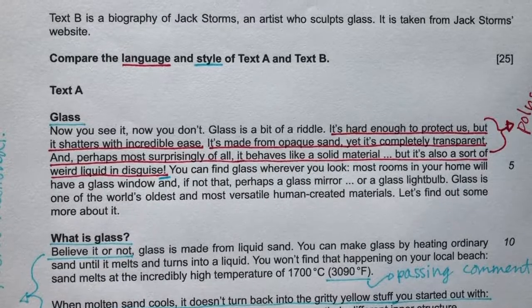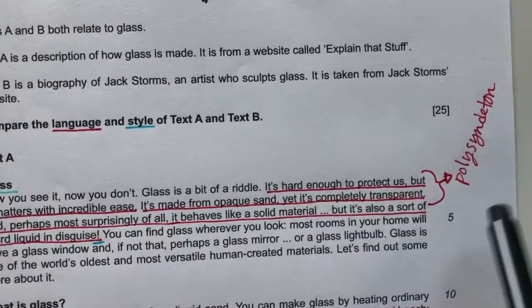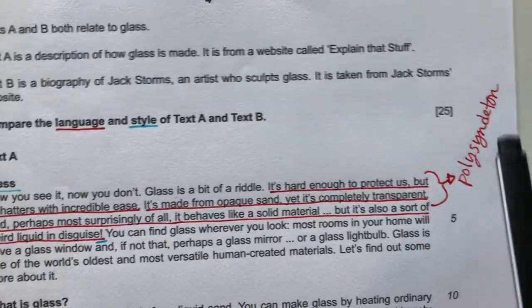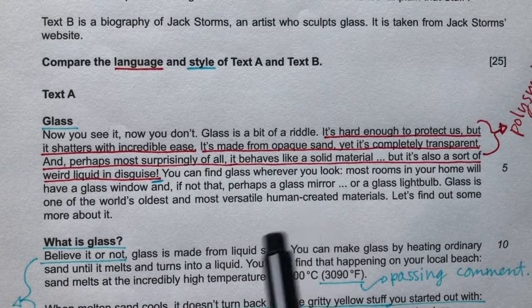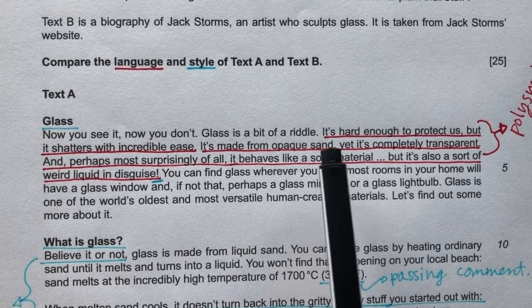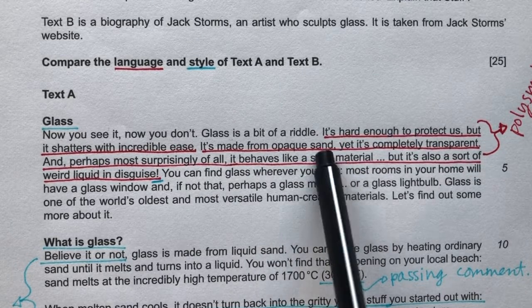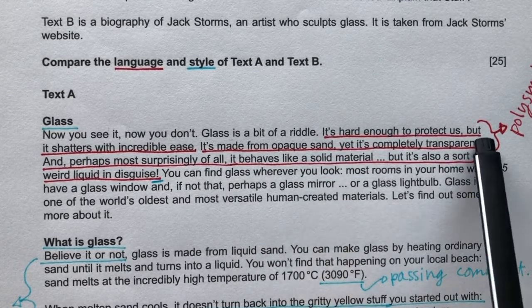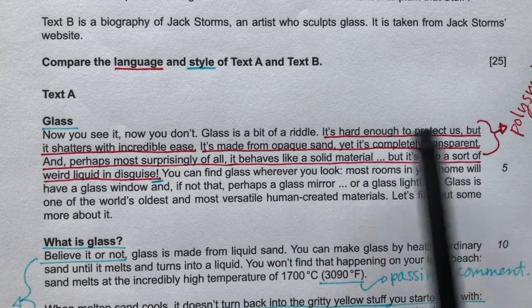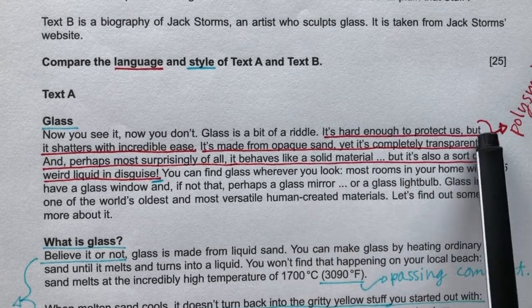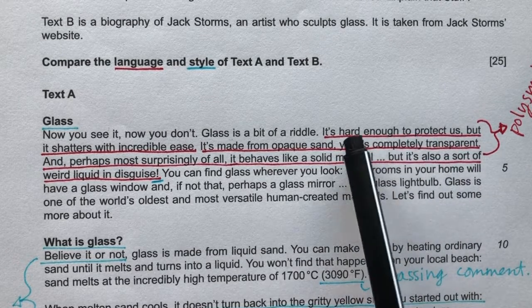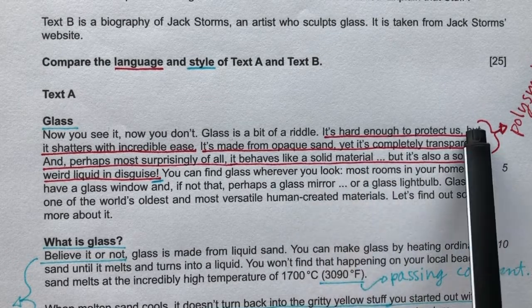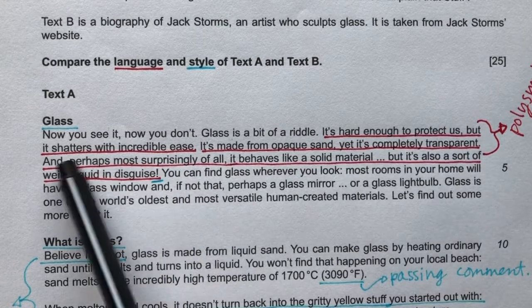Okay, so the first thing that I noticed about language is we have a polysyndeton. That is when you use conjunctions repeatedly and strategically. The conjunction that we have here is the use of but. I'm going to read this, and just notice how the sentences are structured with one statement, but, and then an opposing statement.